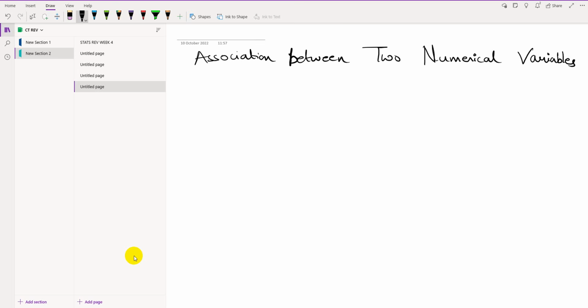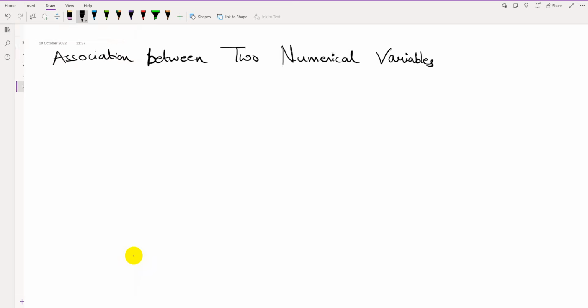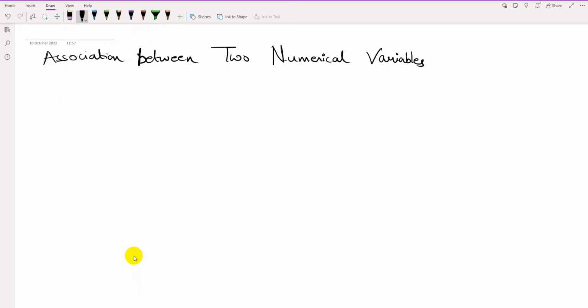What is it, and how do we understand it? We will use scatter plots, and we will explore the association between the two numerical variables using the scatter plot. So first we need to know what a scatter plot is.